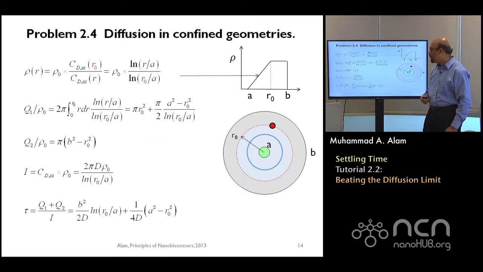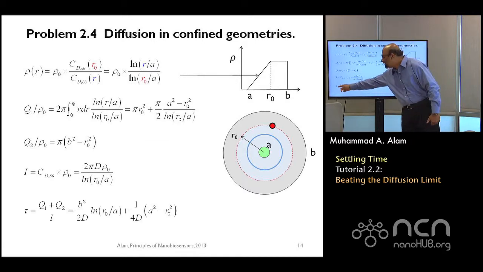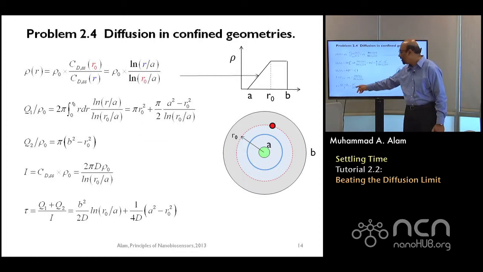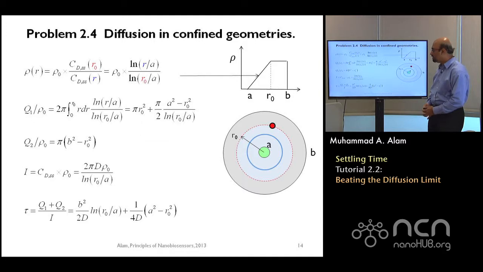And so if you wanted to calculate the net escape time, you will add these two charges, Q1 and Q2, divide by the current, and that will give you the exact formula, B square over 2D ln of R0 over A, and then you have this extra term. So essentially, that was the formula that I asked to derive.